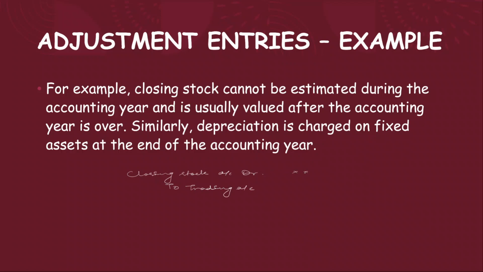Whatever the amount may be, only then is it shown in your trading account, on this side, closing stock. And this closing stock is again shown in the balance sheet, on the asset side, under current assets.